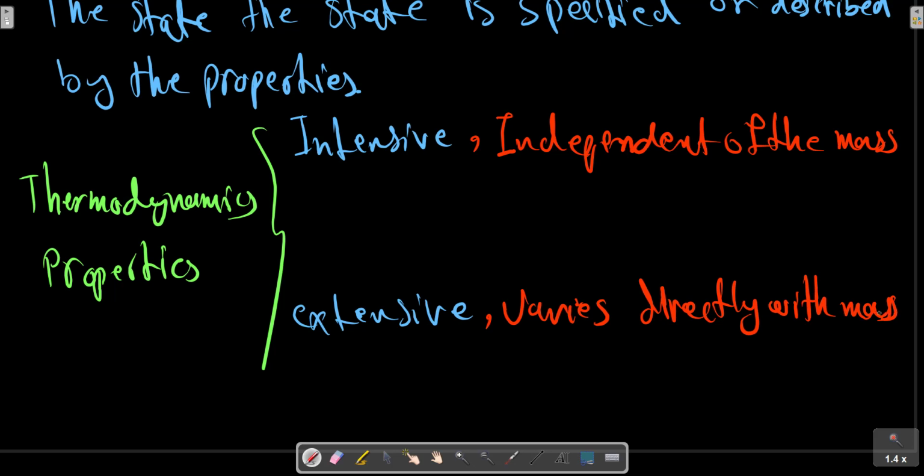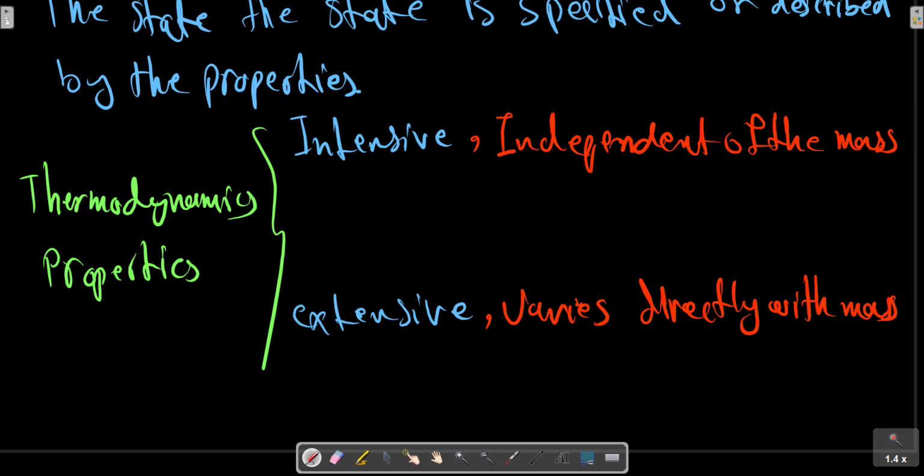Thus, if a quantity of matter in a given state is divided into two equal parts, each part will have the same value of intensive properties as the original and half the value of the extensive properties.